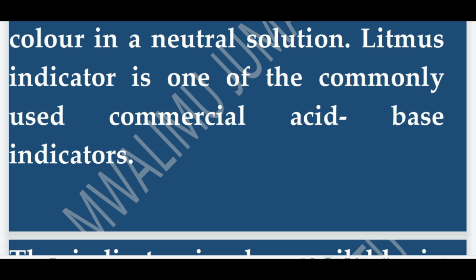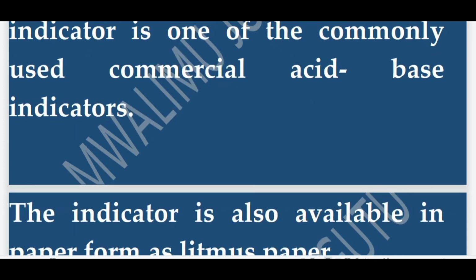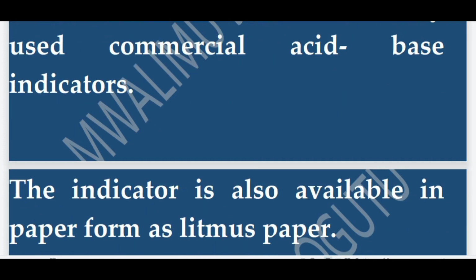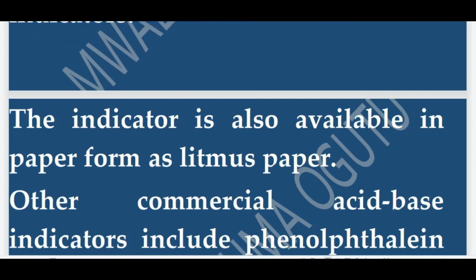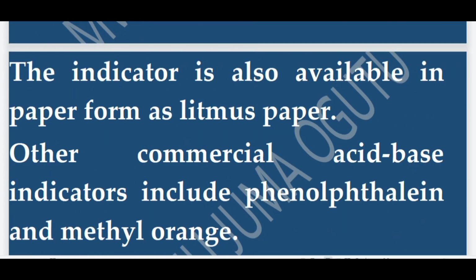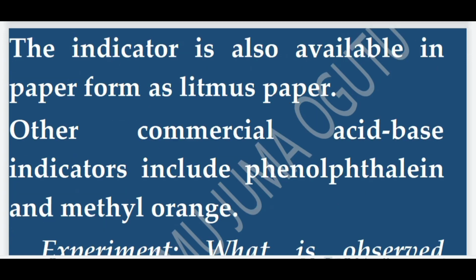When either is placed in a neutral solution, the red retains its red color and the blue retains its blue color. So the indicator is also available in paper form as litmus paper. Other commercial acid-base indicators include phenolphthalein and methyl orange.